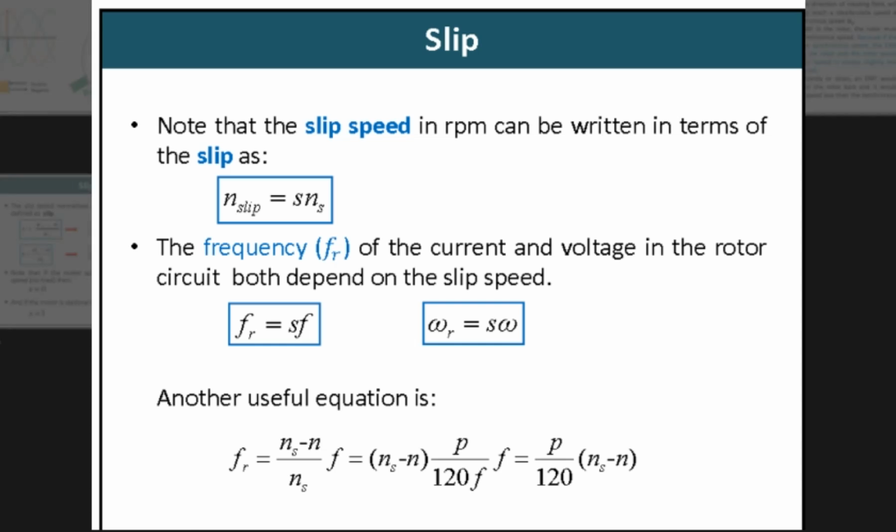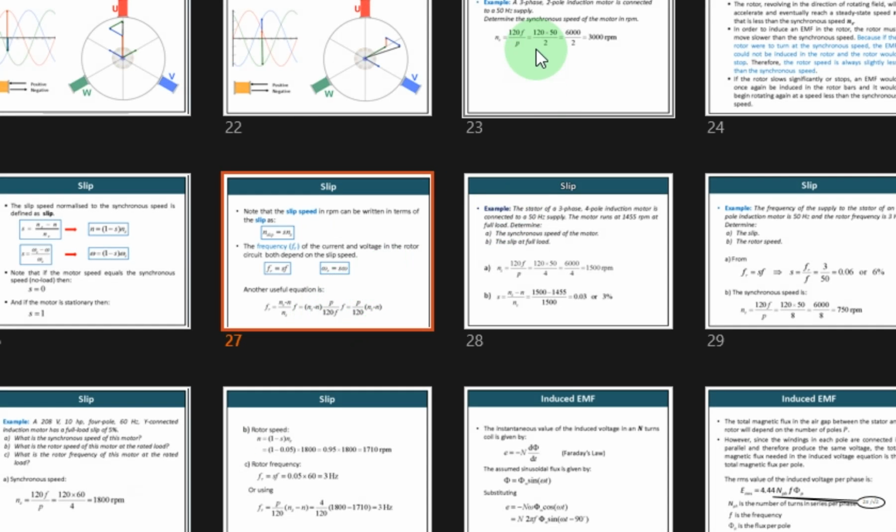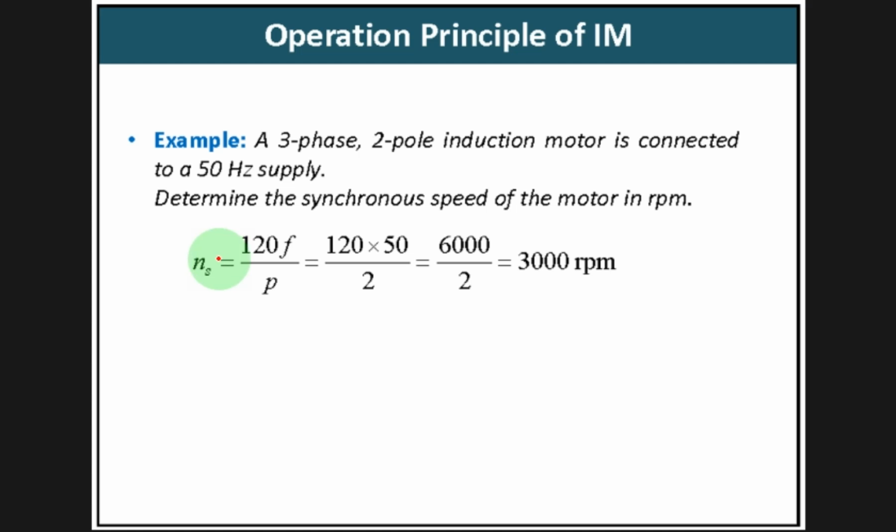If we go back to the slide, you will see Ns equals 120 F over P. So F over Ns is P over 120.